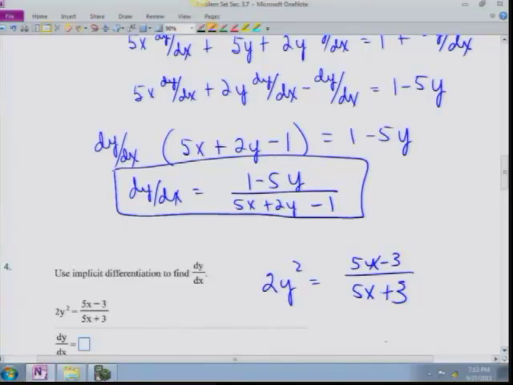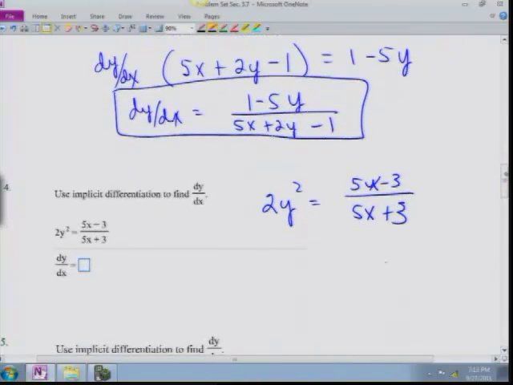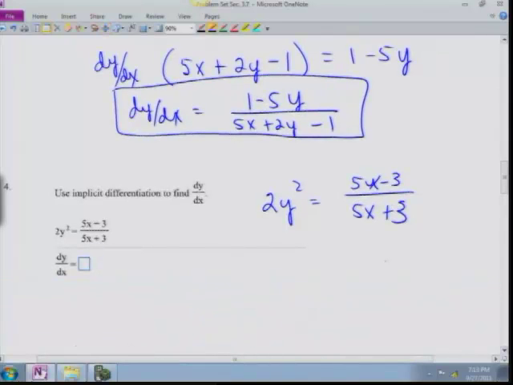So we're going to get started over here. You've got that quotient on the right-hand side to do. What do you get on the left? Equals. Now, do we have any y's over here? Are we going to have any dy/dx? No, we're just going to have regular derivatives with x.